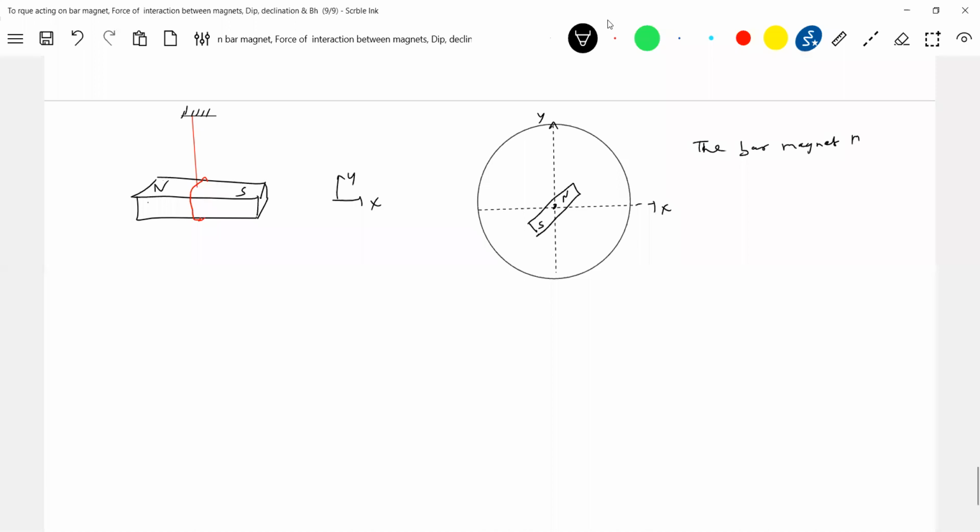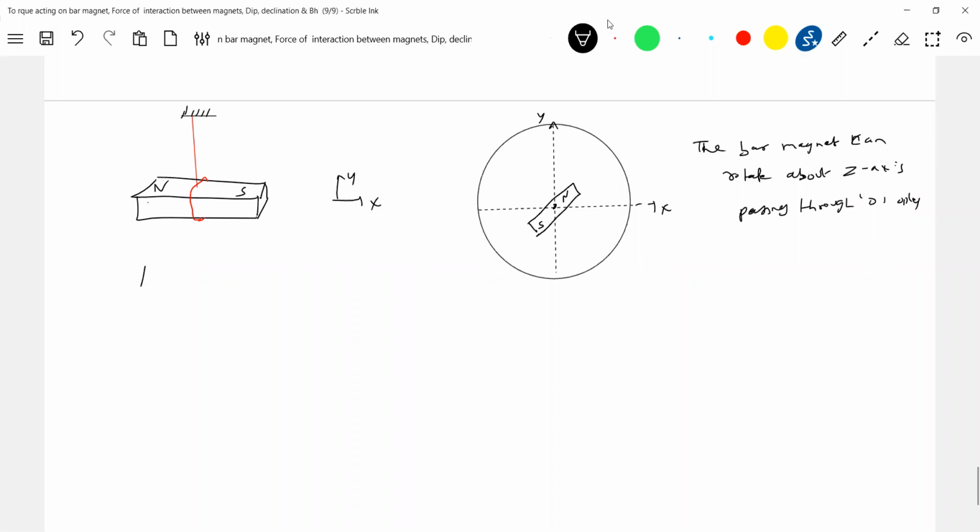The bar magnet can rotate about the z axis passing through O. So in which plane can it rotate now? The XY plane. What about here? It can rotate about only the Y axis.